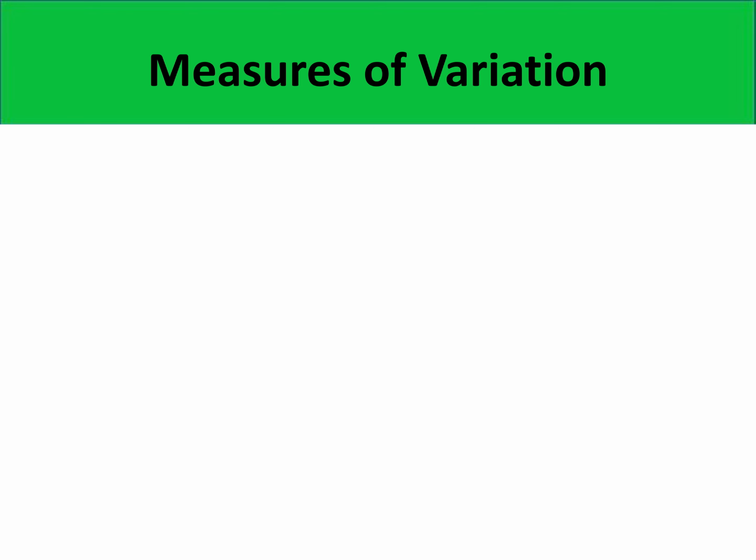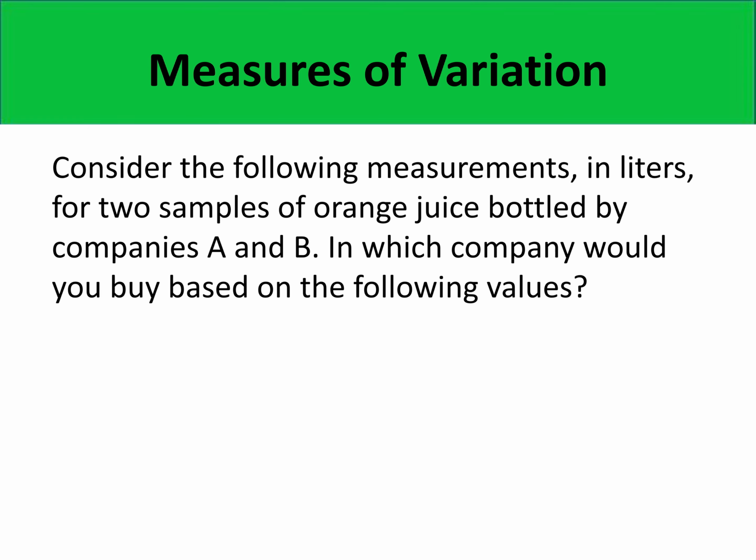Before we explain the measures of variation, let us consider the following situation first. Consider the following measurements in liters for two samples of orange juice bottled by companies A and B. Let us assume that these companies both advertise that the contents of their bottles is 1 liter on the average.